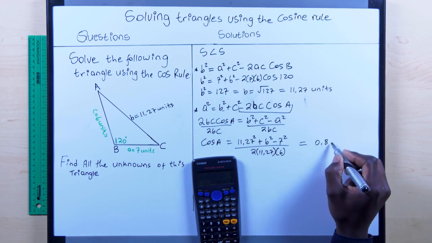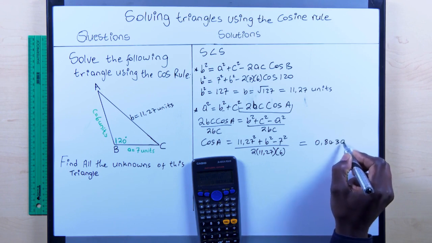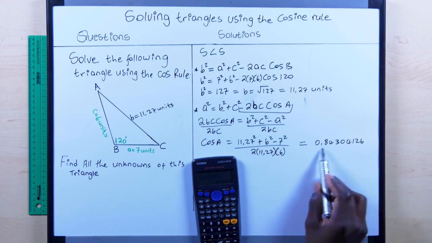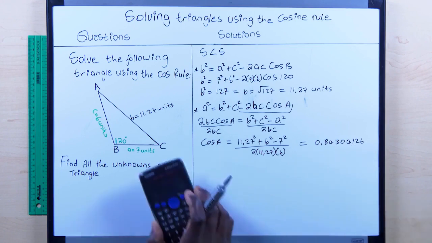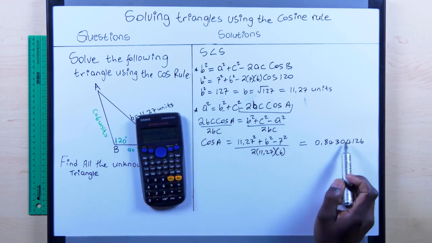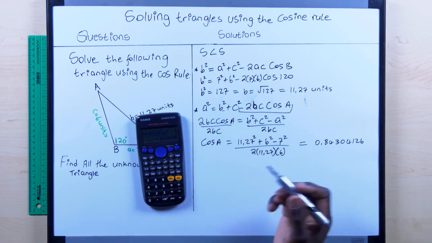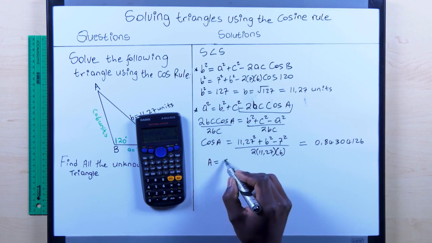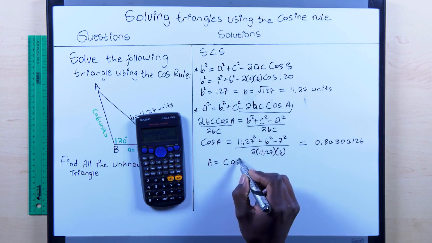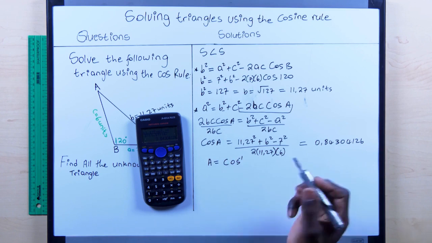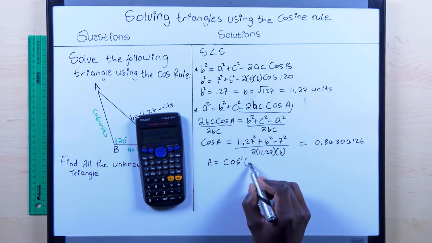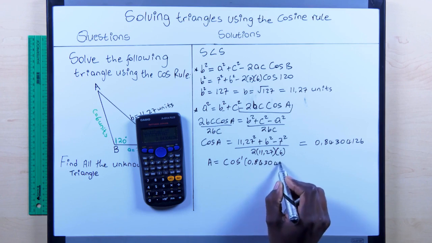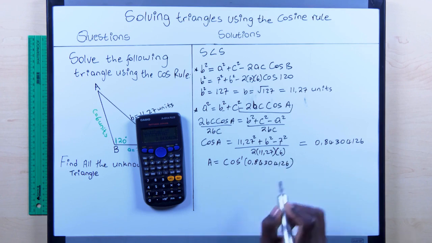That gives 0.84304126. Do not round off at this stage. Why? Because you still want to use this answer to find the angle. Therefore, A is equal to inverse of cosine, or reciprocal if you want to call it, of 0.84304126.